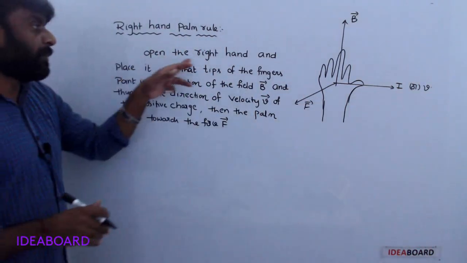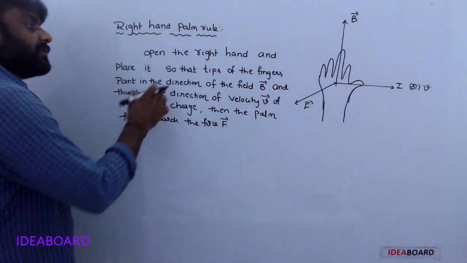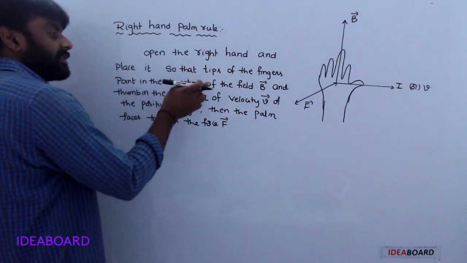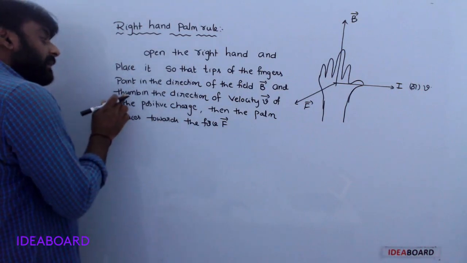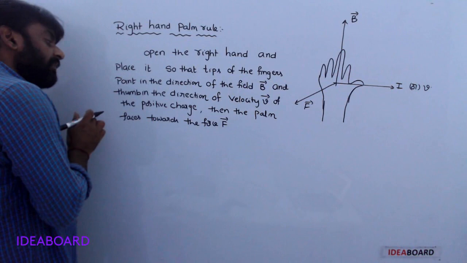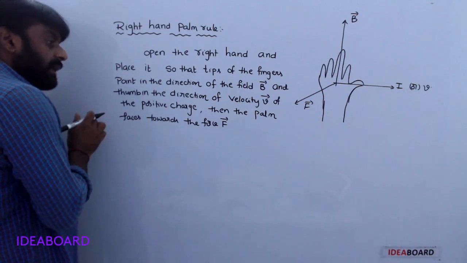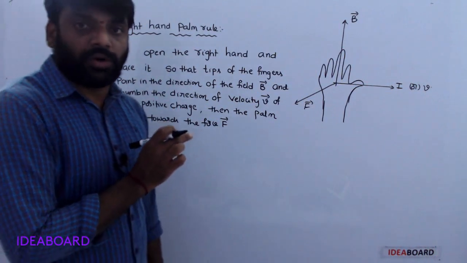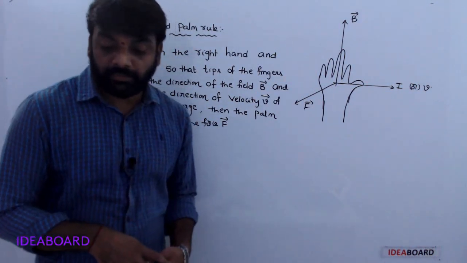Open the right hand and place it so that tips of the fingers point in the direction of the field B bar and thumb in the direction of velocity V bar of the positive charge. Then the palm faces towards the force. Understood?